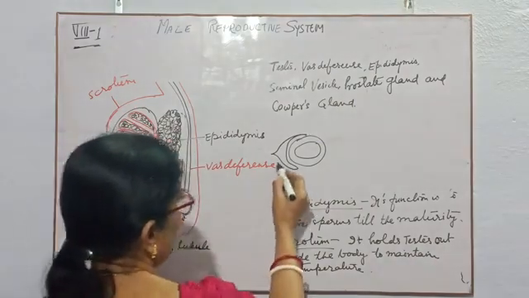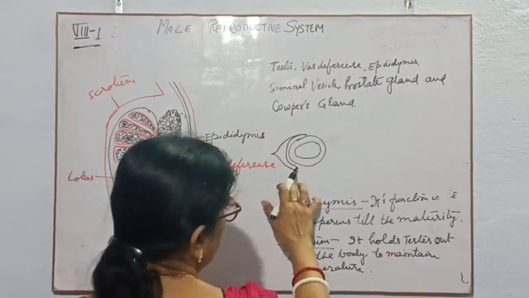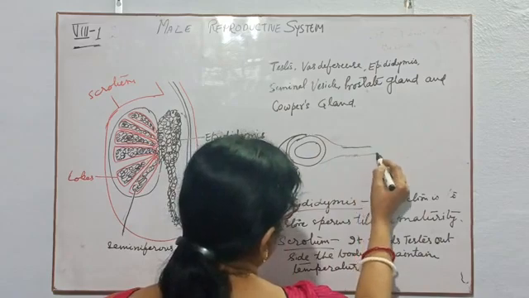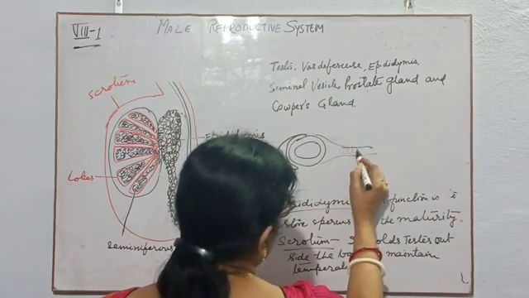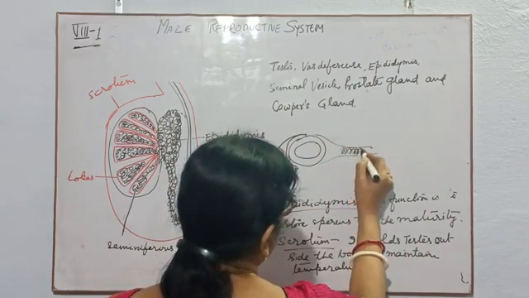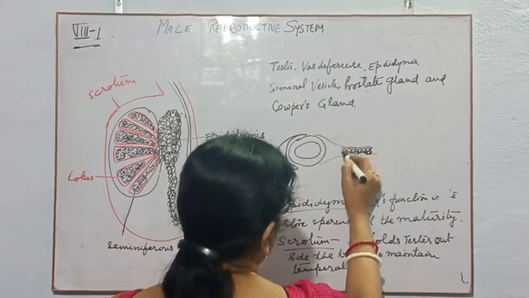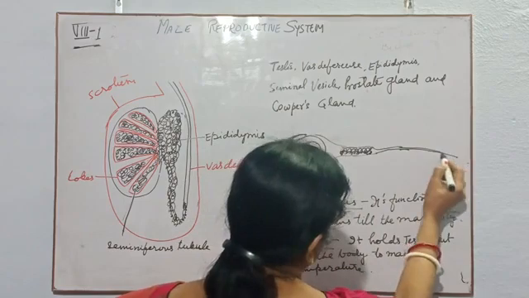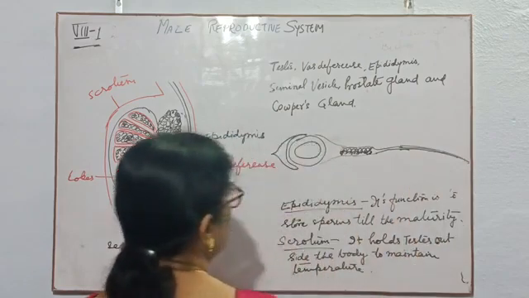This also has a cap-like structure. This is the acrosome, and next to it the tubule will become smaller, and then this is the last part of the sperm, that is the tail.